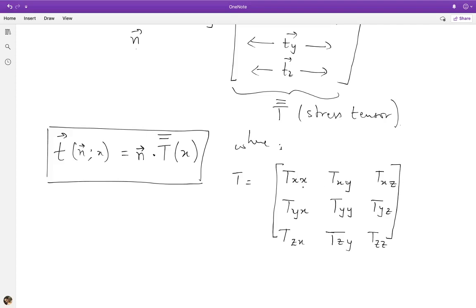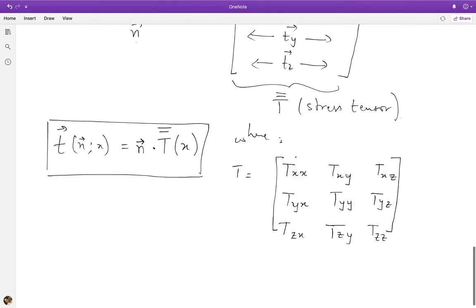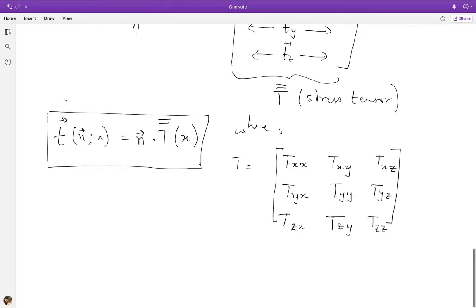But the most important interpretation is the row wise interpretation, and n dot T is simply a combination of the rows of T with the components of n, and that's essentially what our equation requires. Okay, so this is Cauchy's fundamental theorem.